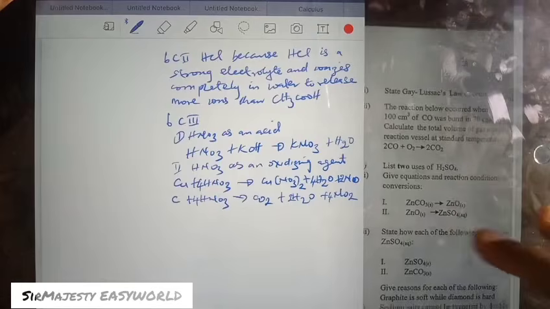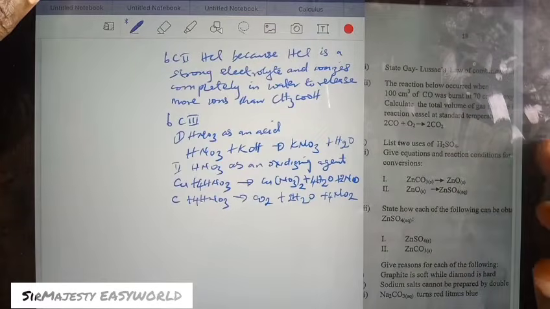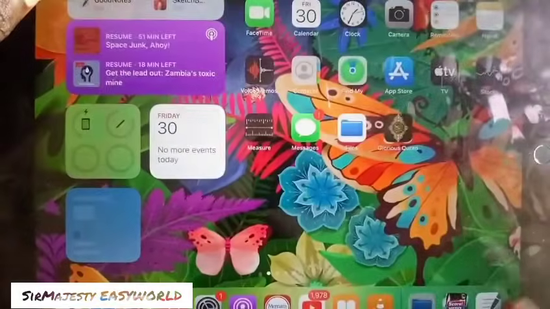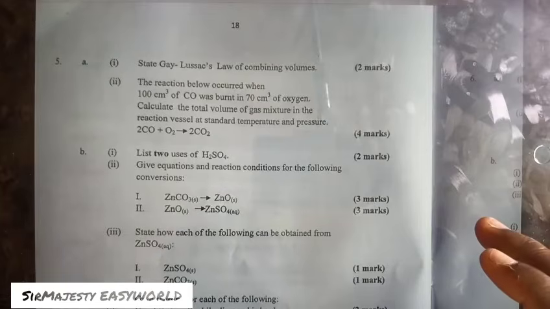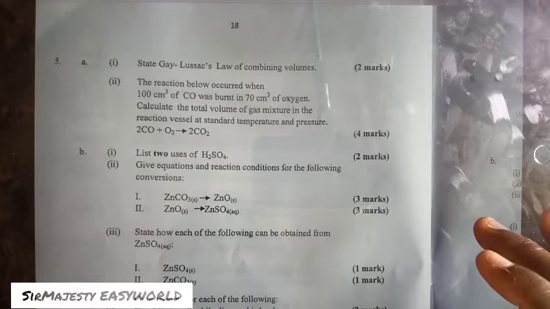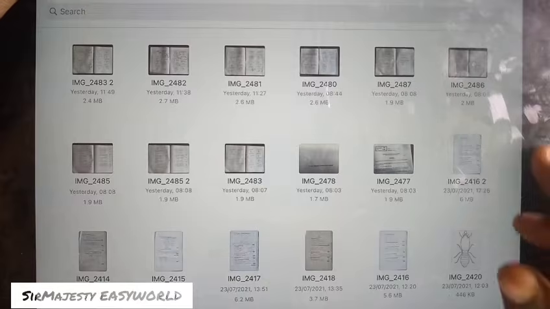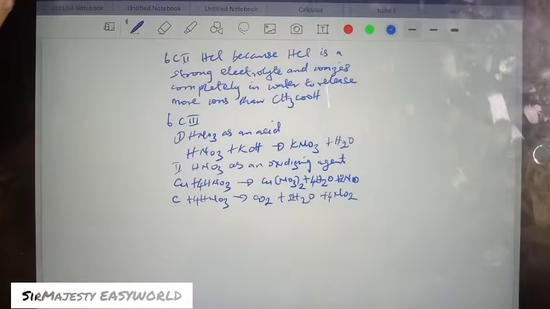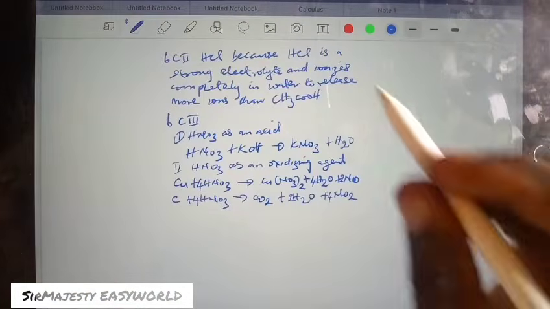Question number 5 says, let me go and replay it fully from here. State Gay-Lussac's law of combining volume. Then they give an equation, the reaction between this and that. Now go back. Solving notes. Gay-Lussac's law of combining volume.